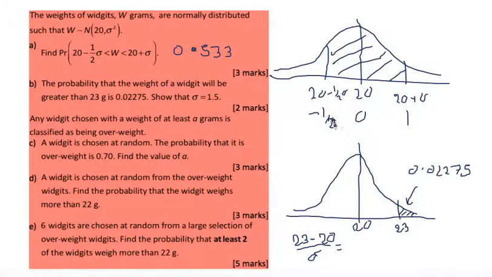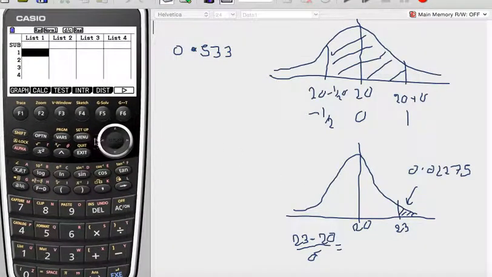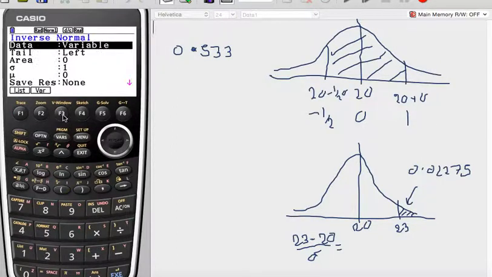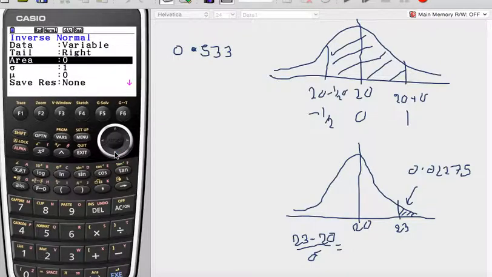So once again, I'm going to go back to get my calculator, but this time I'm going to go to distribution, normal, and go to the inverse normal. Tail, that's my area, it's actually on the right. The area I was given is 0.02275.